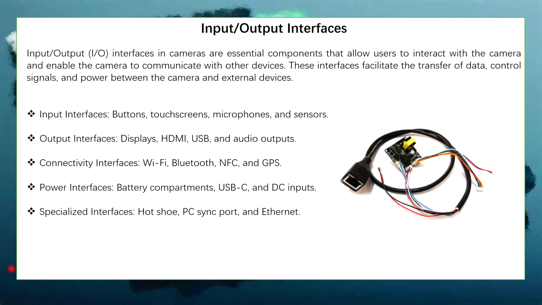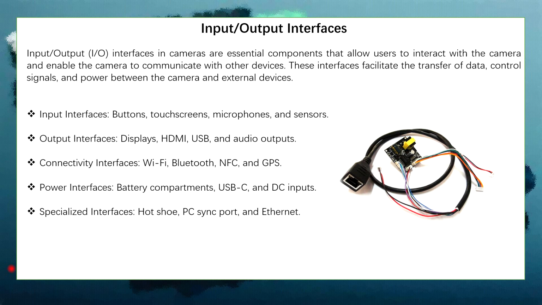Input-output interfaces. Input-output or I/O interfaces in cameras are essential components that allow users to interact with the camera and enable the camera to communicate with other devices. These interfaces facilitate the transfer of data, control signals and power between the camera and external devices.